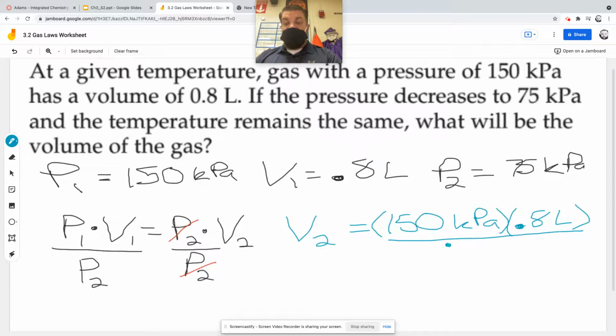And that whole thing gets divided by 75 kilopascals.